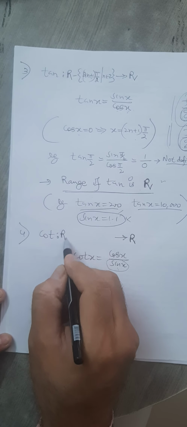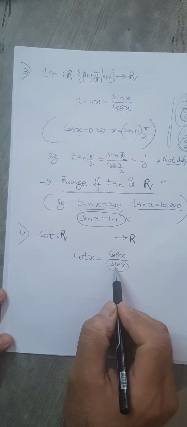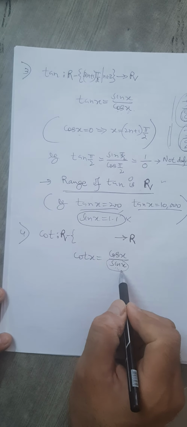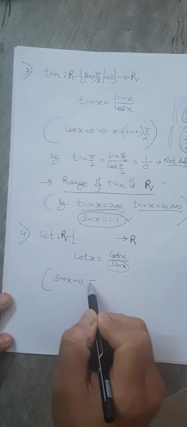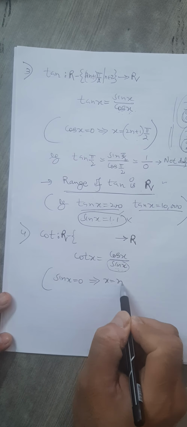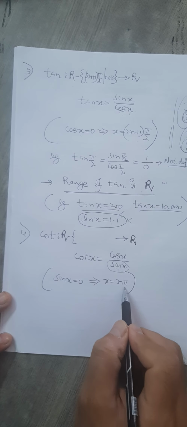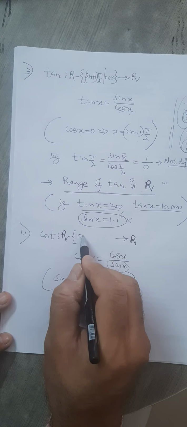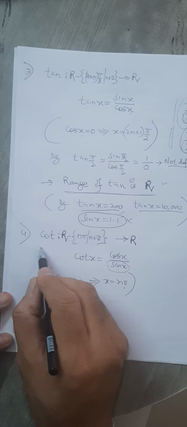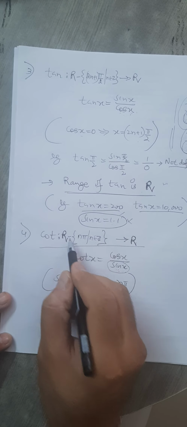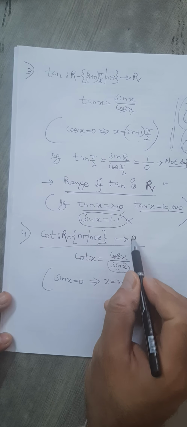So from the real numbers, you need to drop all x for which sin x becomes 0. Now again recall, sin x equals 0 implies x is n pi. You know the zeros of the sine function, so I'll drop n pi from R, that is R minus n pi where n belongs to Z. This is the domain of cot function and codomain is R.